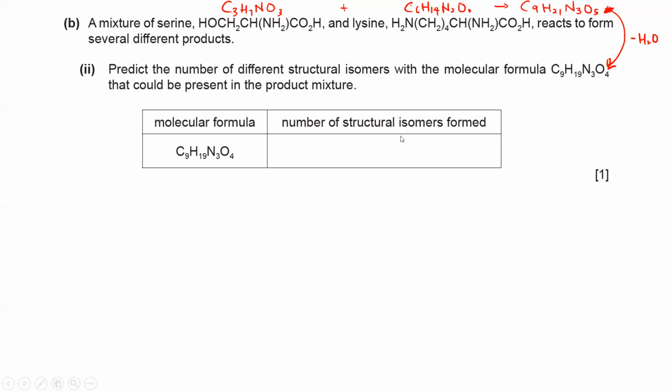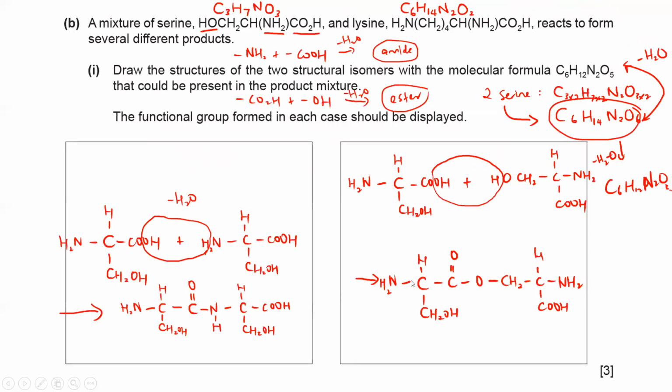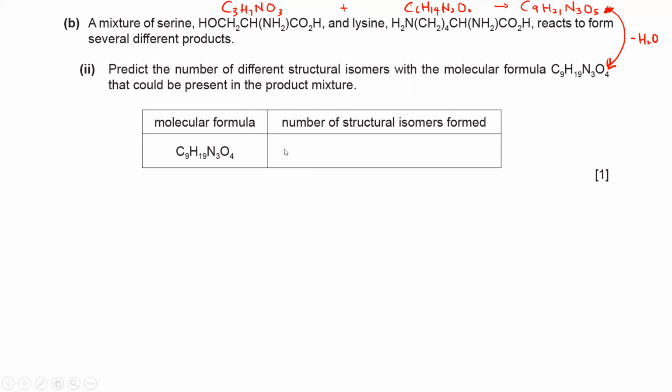And if you do not have time to draw out all the structures of the isomers, you can use the clue from the previous question to predict how many isomers. How many functional groups are there in serine? 3. In lysine, 1, 2, 3.